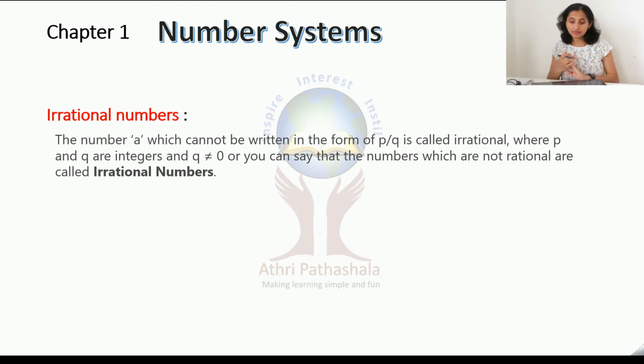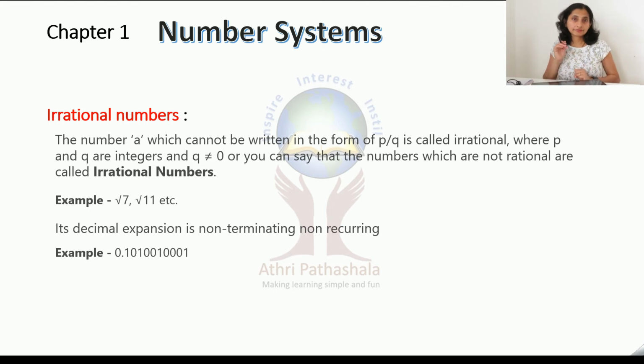Or we can say the numbers which are not rational numbers are irrational numbers. For example, root 7, root 11, root 2, all the root numbers, with the exception of perfect roots, are irrational numbers. Pi, E and so on are all irrational numbers.